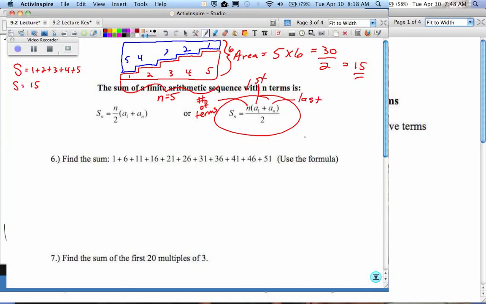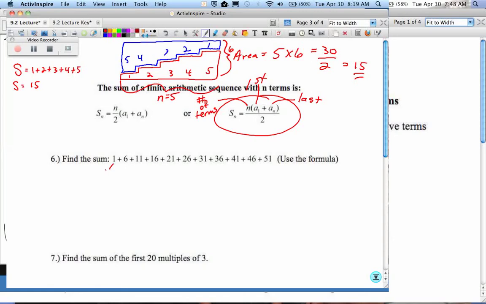When somebody says, can you sum up an arithmetic sequence? Take your first term and your last term and add them, and then tell me how many terms you're dealing with. Multiply them like you would base times height, and then cut it in half because you don't want the whole thing. Pretty easy.